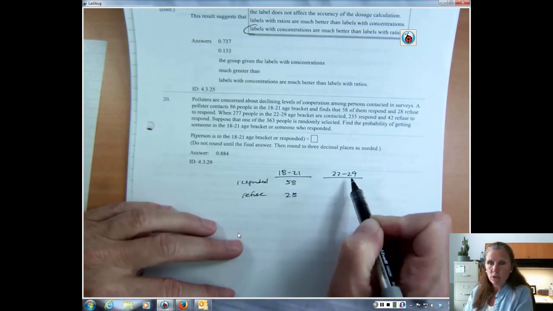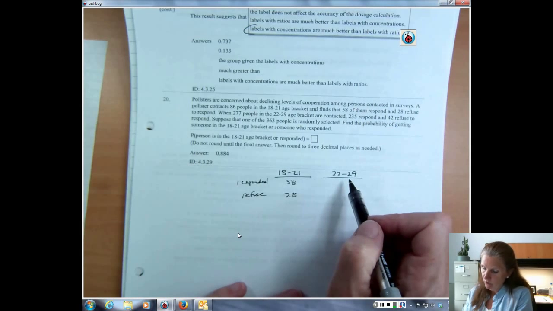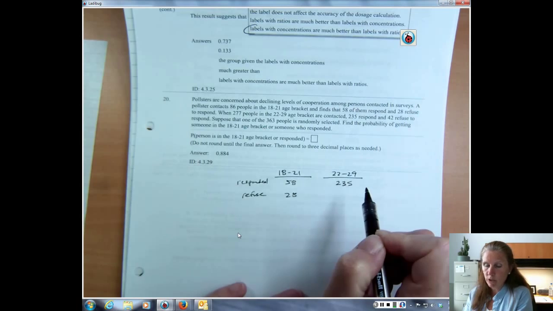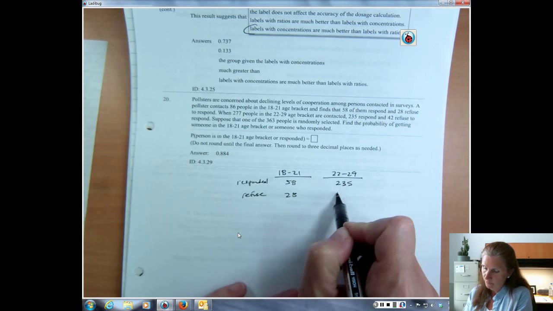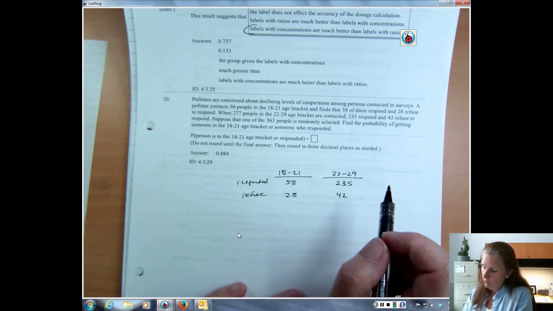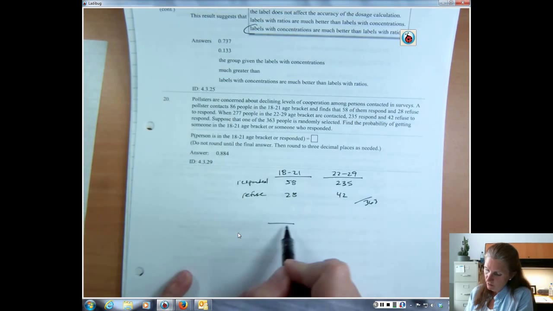For the 22 to 29 group, there were 235 who responded and 42 refused to respond. So they say suppose that one of these 363 people, so 363 is our sample space.